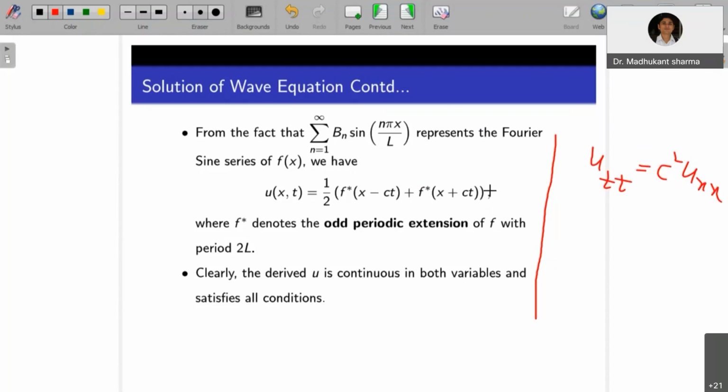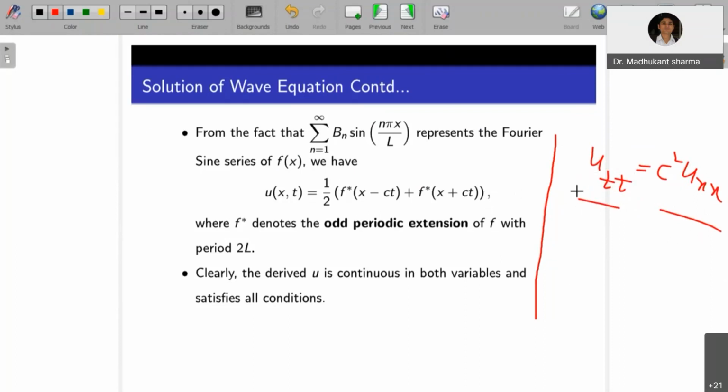So what is required additionally? It should be continuous and differentiable with respect to time and with respect to x two times, at least up to second order derivatives.